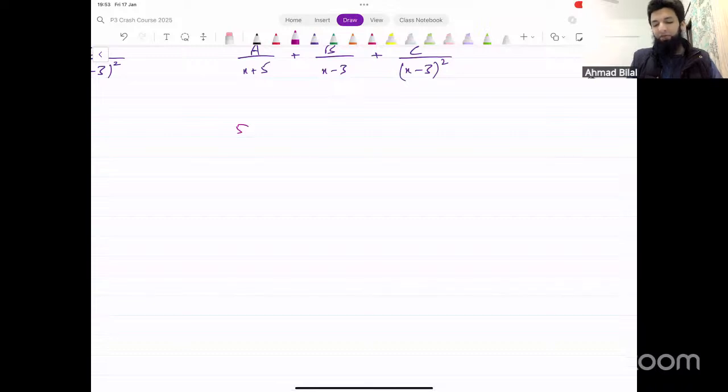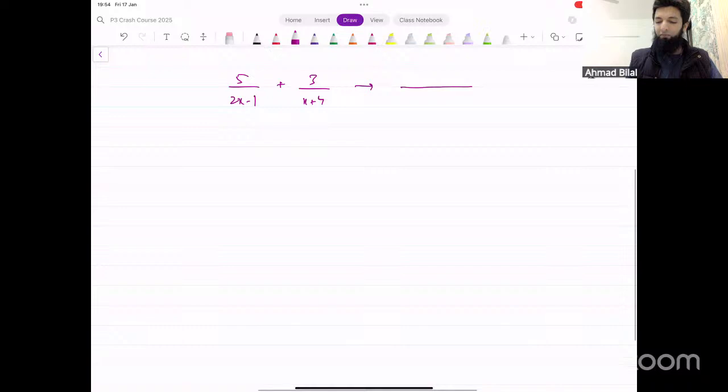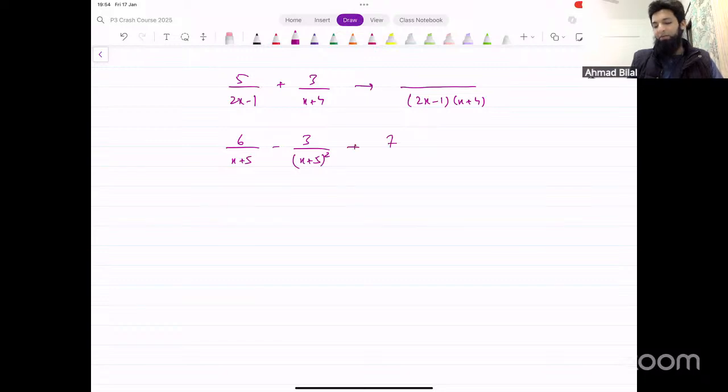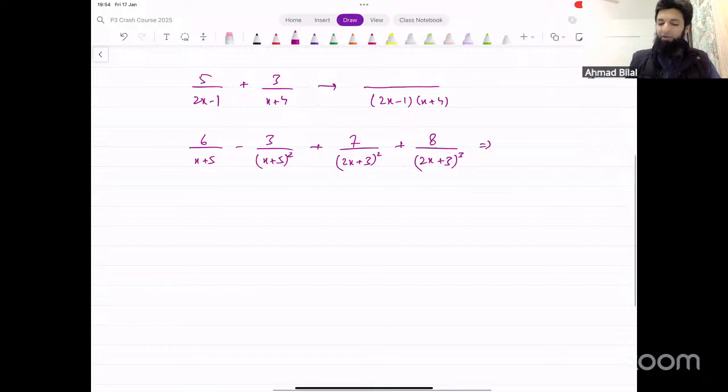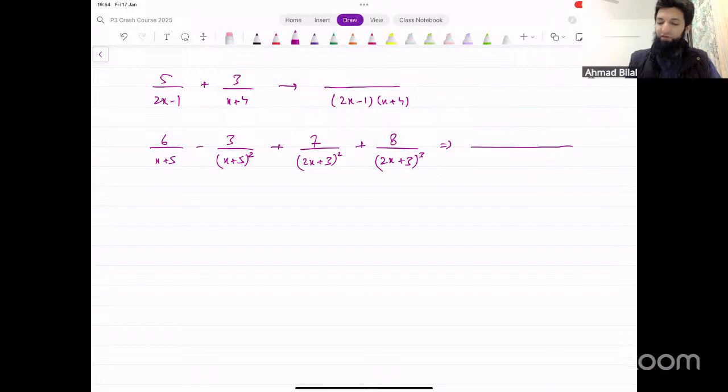For instance, if I have 5 over 2x minus 1 plus 3 over x plus 4, what's the LCM of the denominators? In this case, we just multiply the denominators and it becomes 2x minus 1 into x plus 4, and that's fine. But if we have 6 over x plus 5 minus 3 over x plus 5 whole squared plus 7 over 2x plus 3 whole squared plus 8 over 2x plus 3 whole cube, can anyone tell me what the LCM of these fractions is going to be?